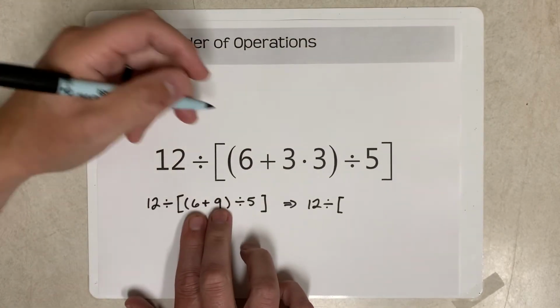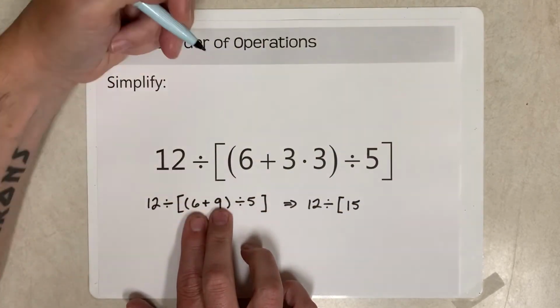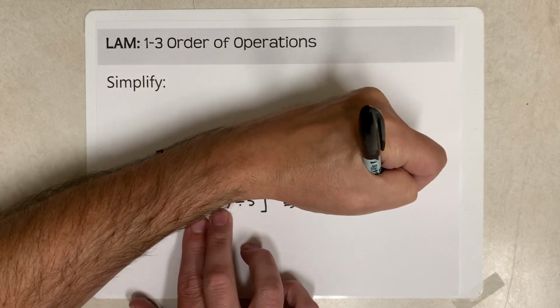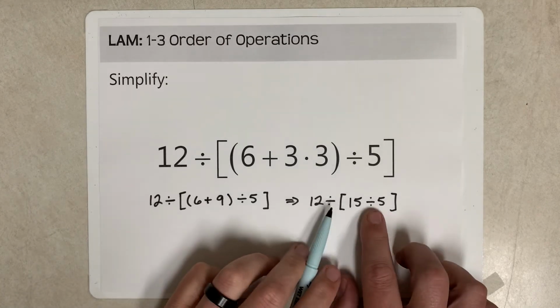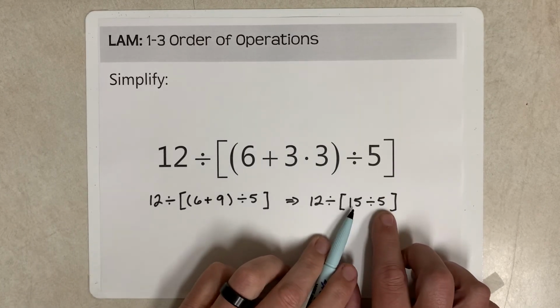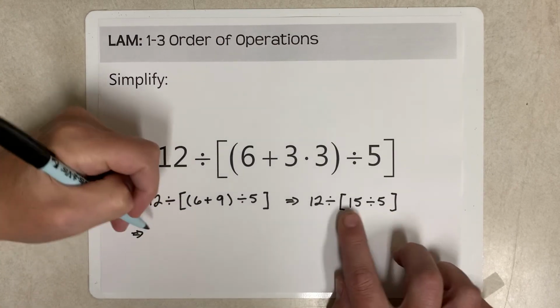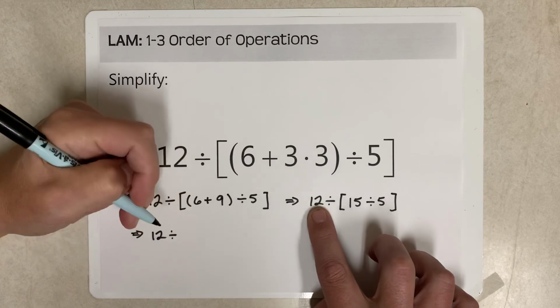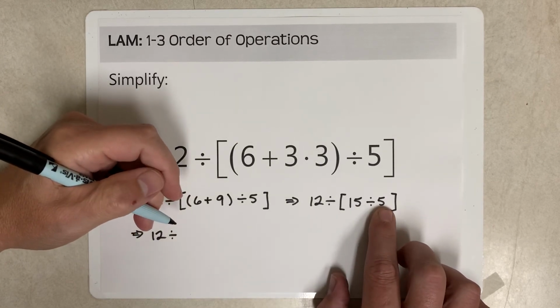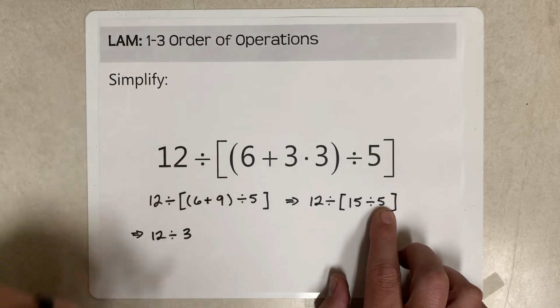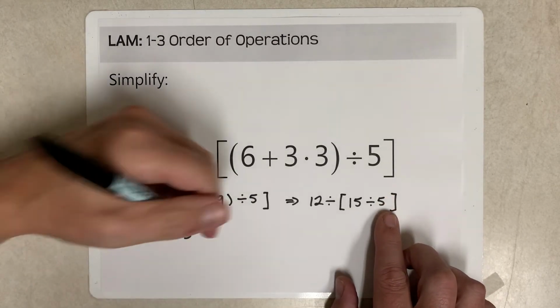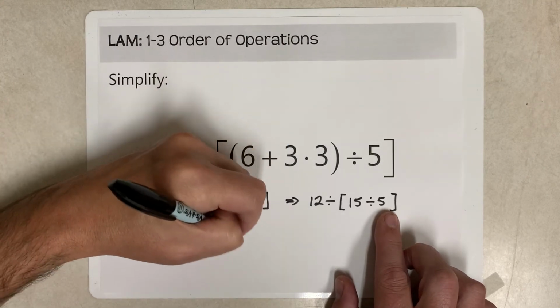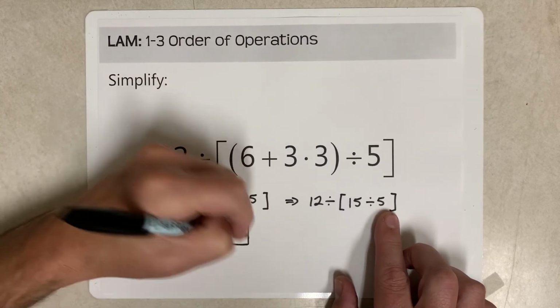And since it's positive, I can really just drop the parentheses and just write 15 divided by 5. Okay, so now I do have division going on here in both places, but I have to work again inside the brackets, the grouping symbols first. So my next step is 12 divided by 15 divided by 5 is 3. Now, I don't need any more brackets here because it popped out and it was positive, so I'm good there. And then finally, 12 divided by 3 is 4. And that's my final answer for that one.